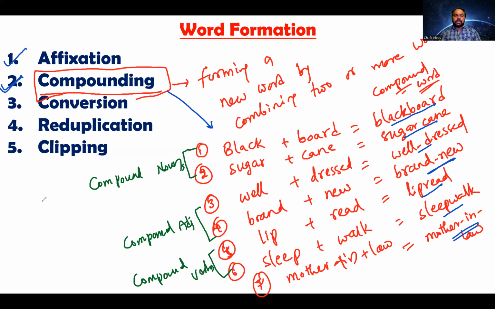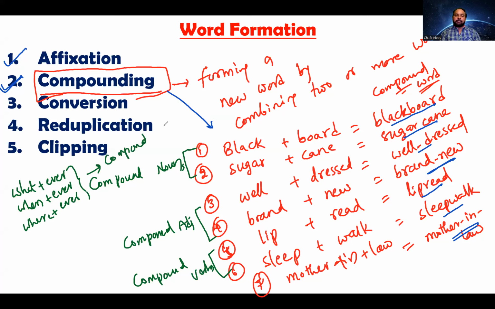Just look at one more word: what plus ever, whatever. So this is also a compound word. Similarly, when plus ever, whenever. Where plus ever, wherever. These are compound adverbs.